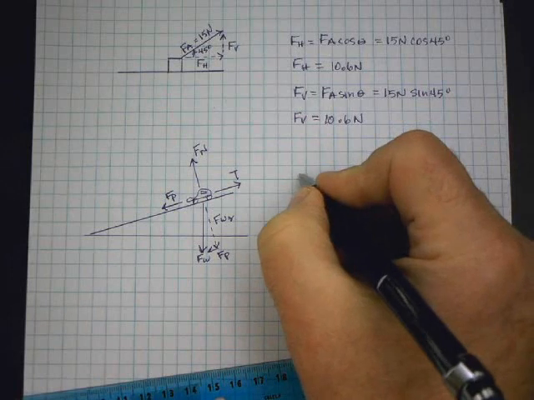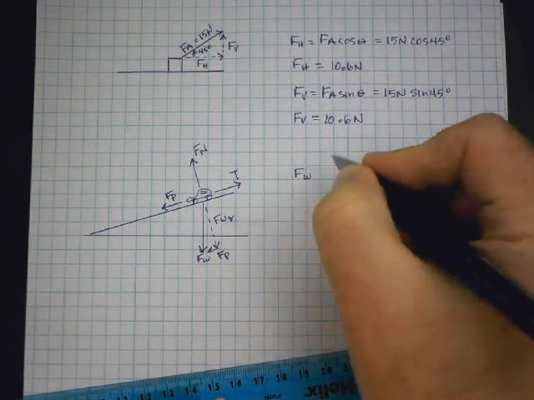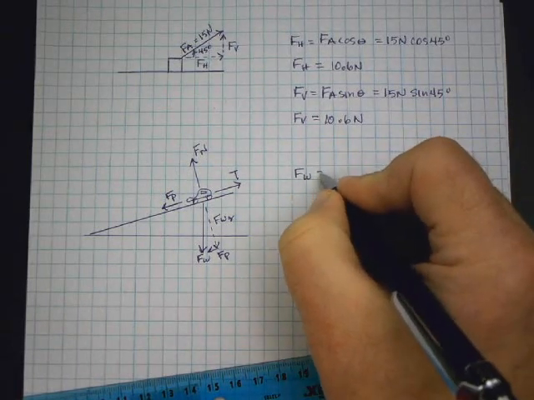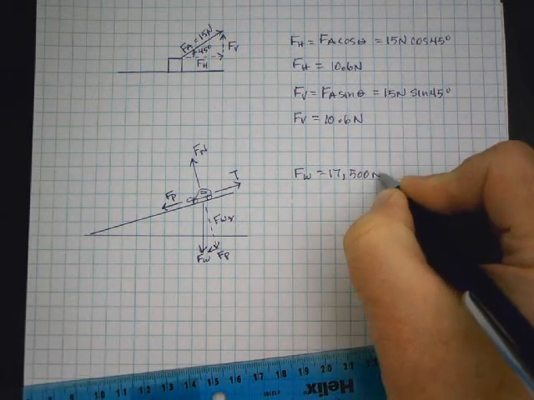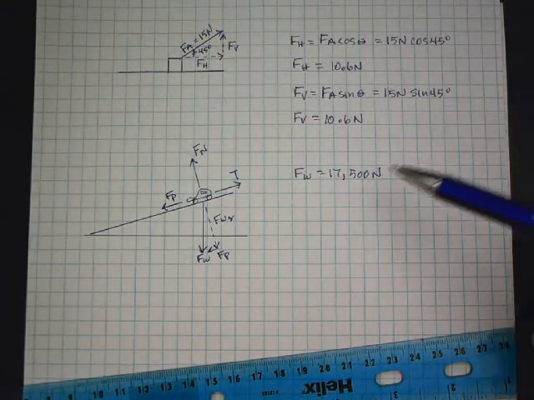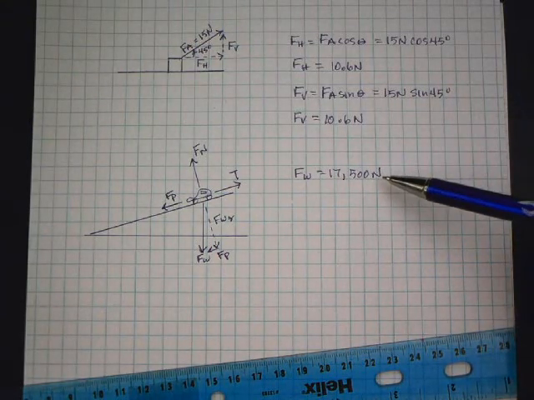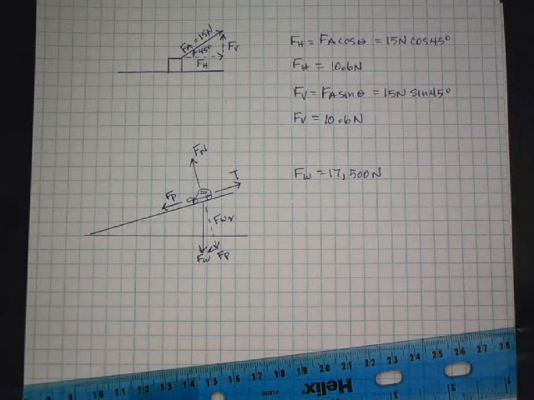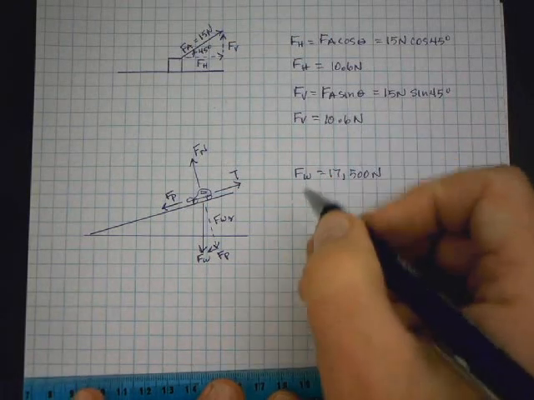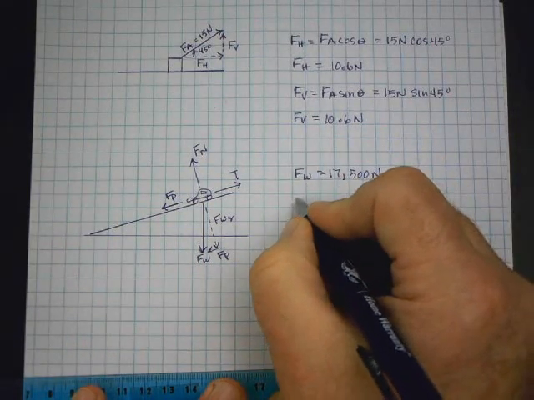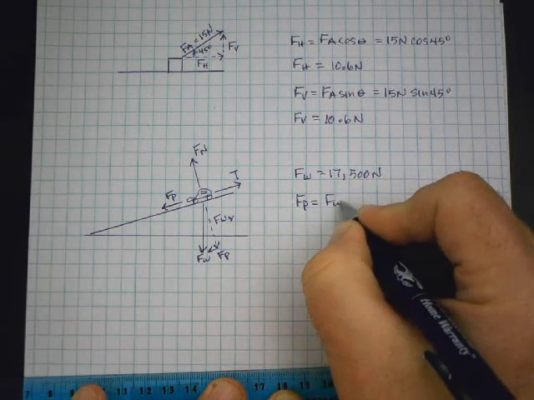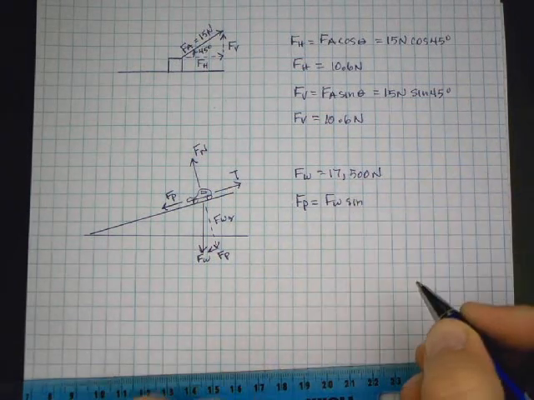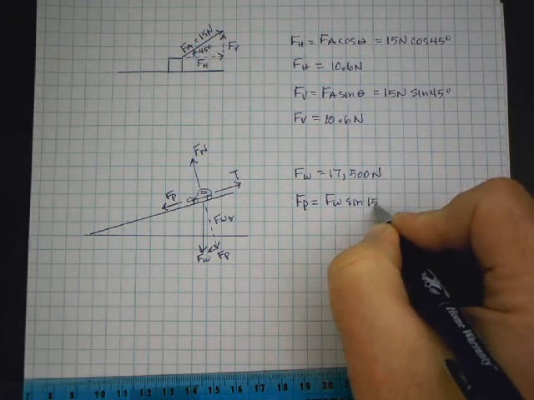So, first off, the weight of the car is 17,500 newtons. Please note that I know it's the weight because it's given in newtons. It would be mass if it was given in kilograms. Okay, so now first off, FP will be FW sine of 15 degrees.